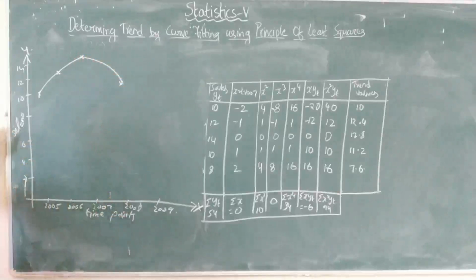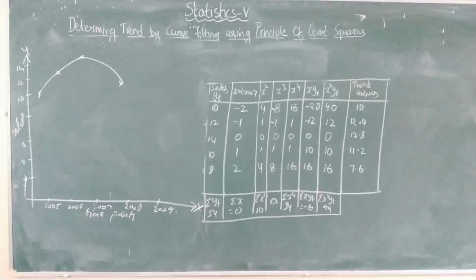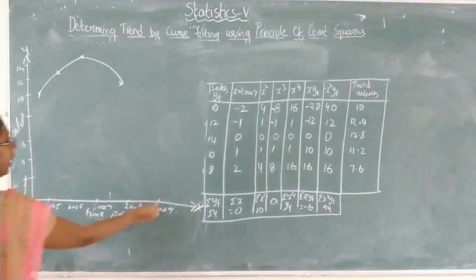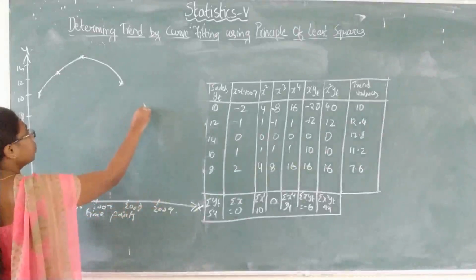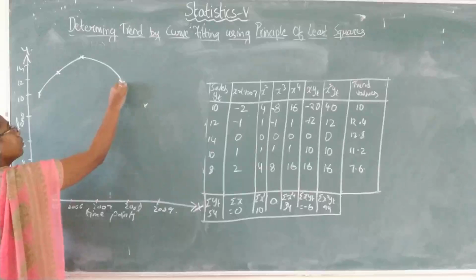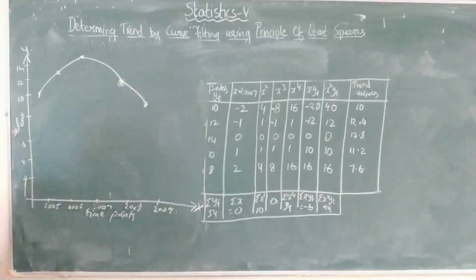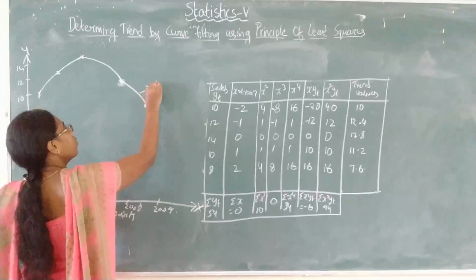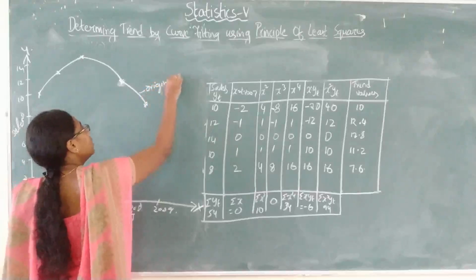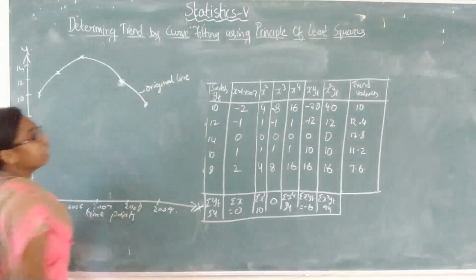It will be in the form of a bell. And the last value, for 2009, is 8. So this is the original line we got for the given data. Next we will find the trend line.